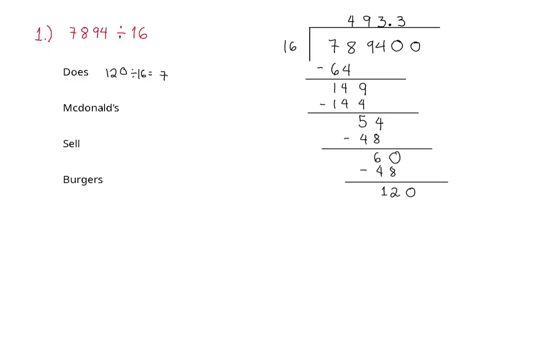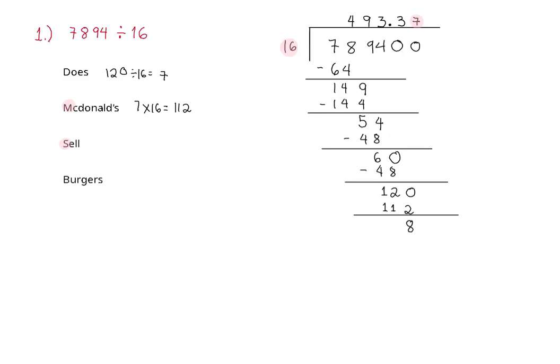Write the number 7 after the 3. Next, multiply 7 and 16. The result is 112. Next, subtract 112 from 120, and this will give us 8.